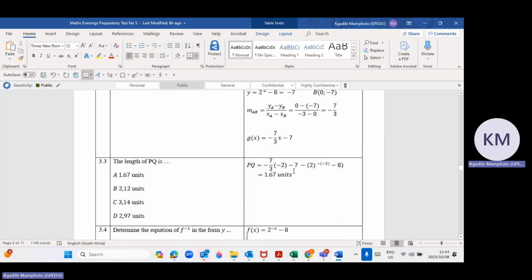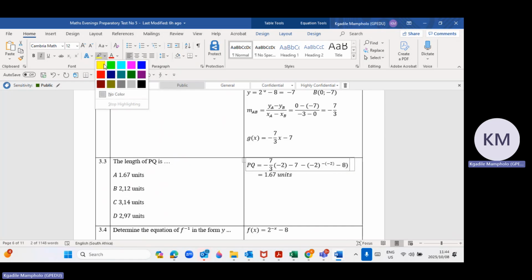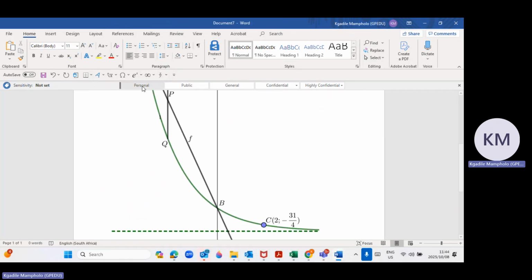So first you will say the equation of the linear that you calculated here minus the equation of the exponential. The reason why we say linear minus exponential is that we know that linear is on top.